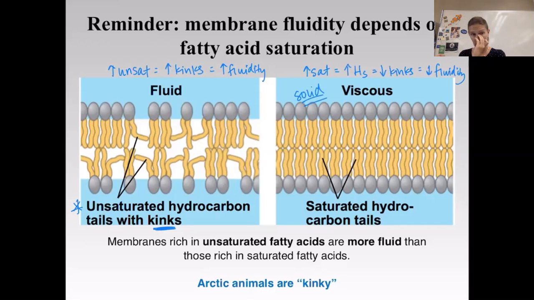We don't want our phospholipids to solidify, otherwise that cell cannot live. Membranes rich in unsaturated fatty acids are more fluid than those with saturated. The way I remember that is Arctic animals are very kinky: oils have more kinks than fats, which are solid at room temp.